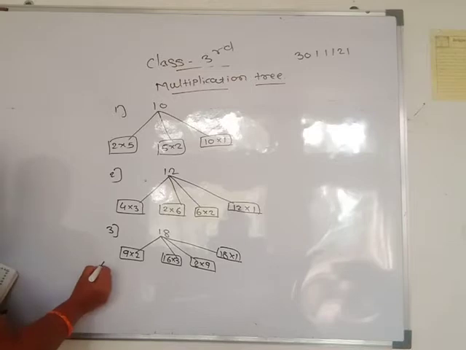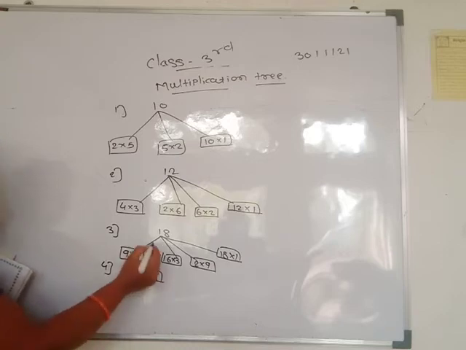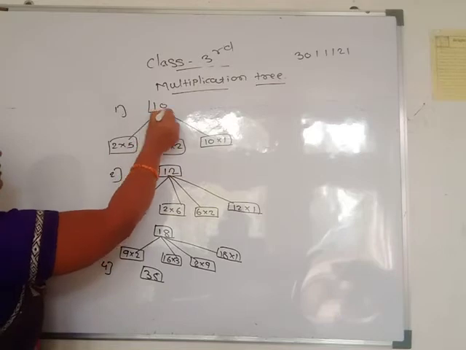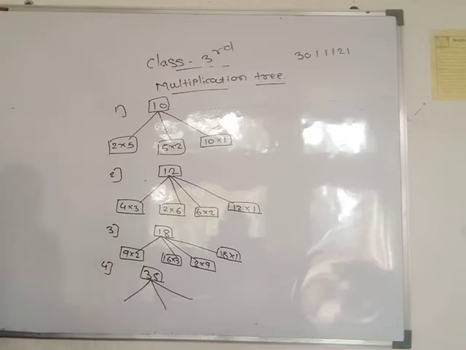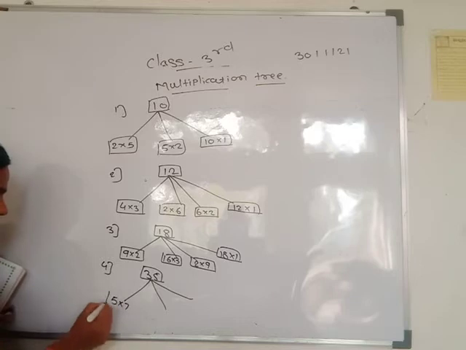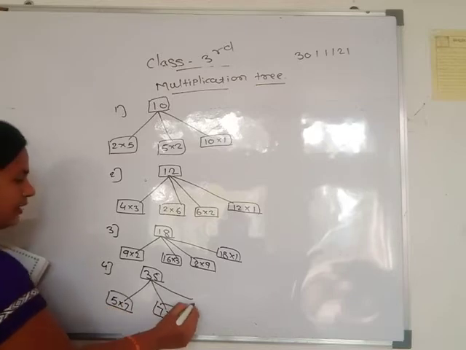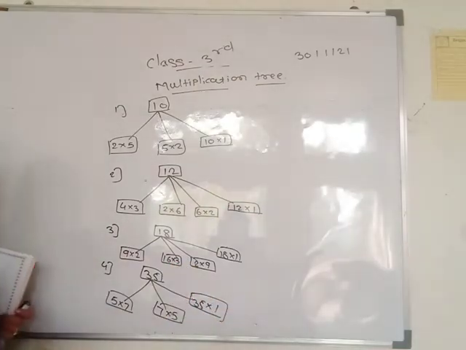Then the fourth one, 35. See this number 35. Then write the multiplication numbers of this tree: 5 sevens are 35, 7 fives are 35 and 35 ones are 35. See this.